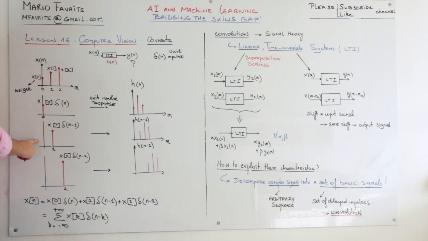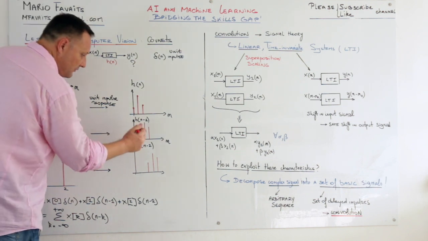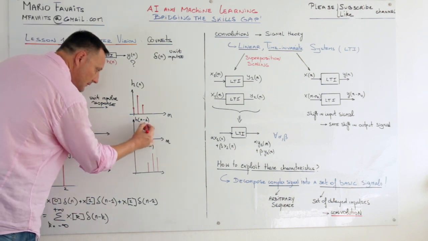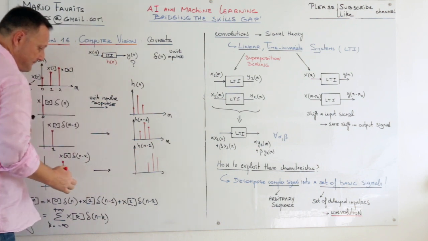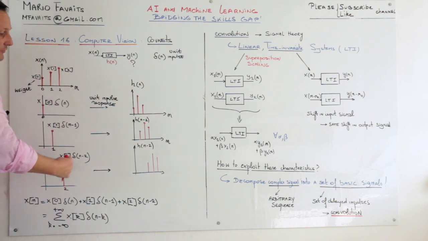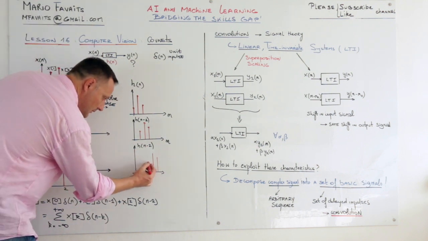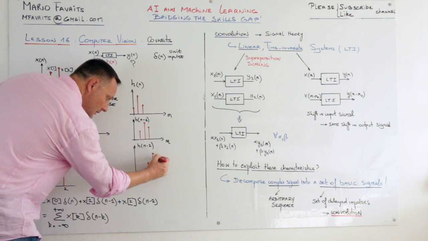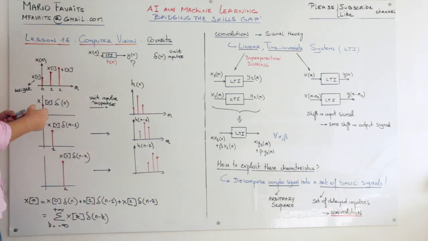Here the response is going to be exactly the same but delayed by the unit, so we move 1 to the right. Here again, but we move another 1 to the right. And so here we have now calculated our unit impulse responses.